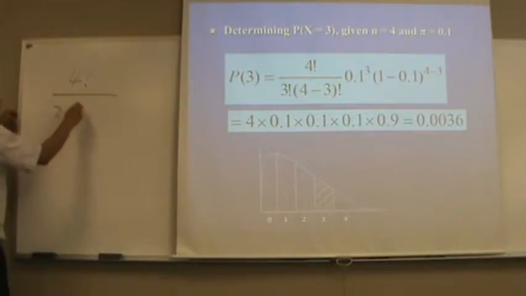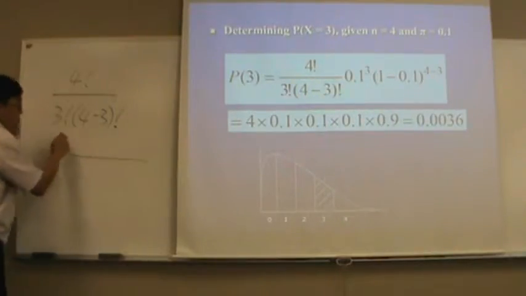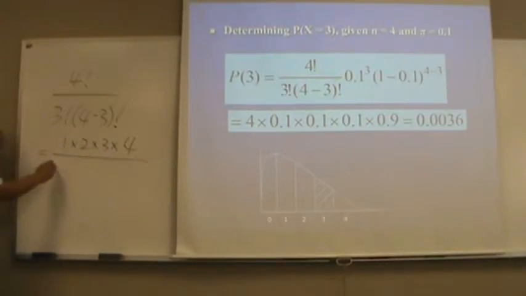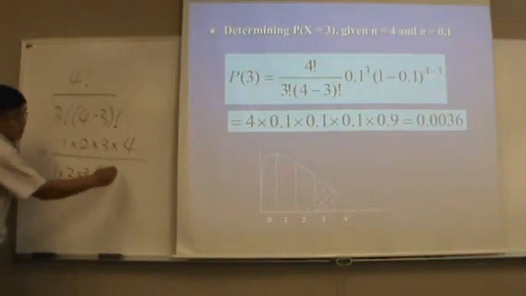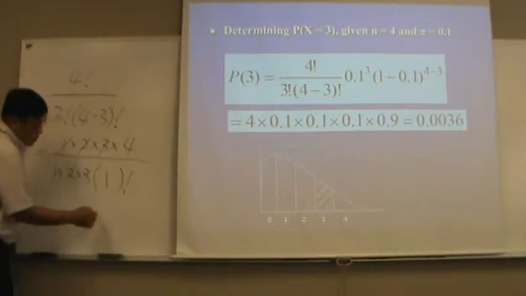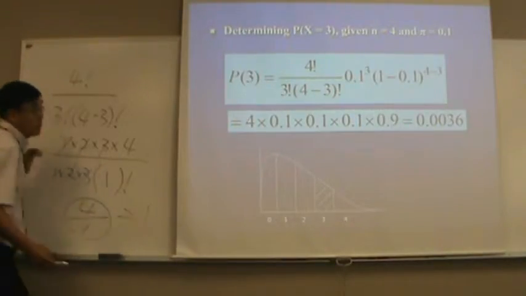4 factorial over 3 factorial times (4 minus 3) factorial equals 1 times 2 times 3 times 4 over 1 times 2 times 3 factorial, times (4 minus 3) factorial. So we can delete 1, 1, 2, 2, 3, 3. 1 factorial equals 1, so 4 divided by 1 equals 4.